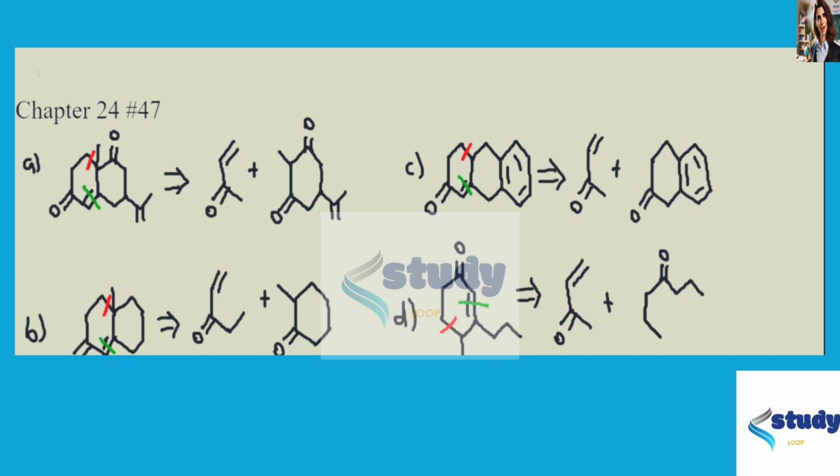Then at that ketone that you make by cutting the green bond, look at its alpha carbon. It's going to have one alpha carbon that's connected to the new ring, and the bond at that alpha carbon will be cut. In the other starting material, that is where the alkene will be in the Michael acceptor. Okay, and that is the answer to chapter 24, problem number 47.